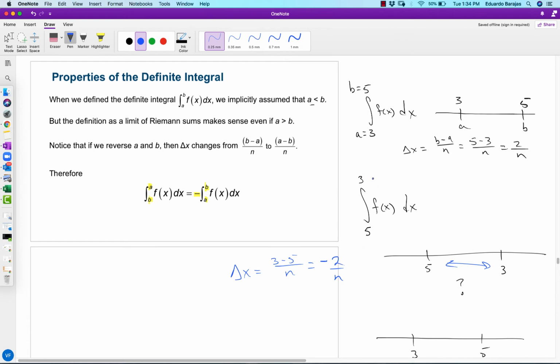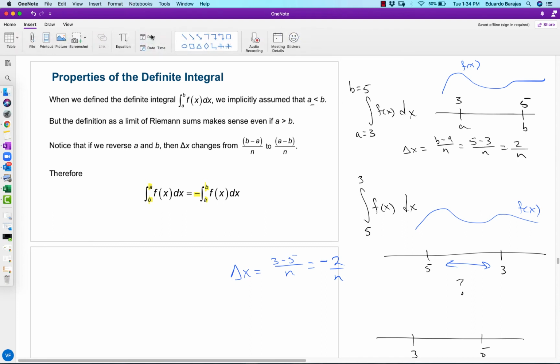Okay, so when I calculate this, remember they're rectangles. Assuming f of x is positive, just to not add an extra layer of multiples of negatives, let's just assume in both cases f of x is positive, just for the purposes of this. Independent of how you define your domain, you're talking about rectangles that go above it.